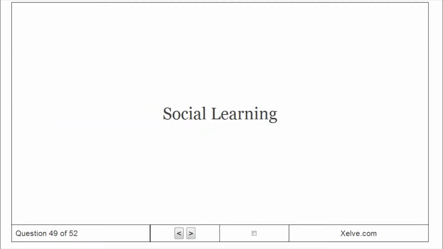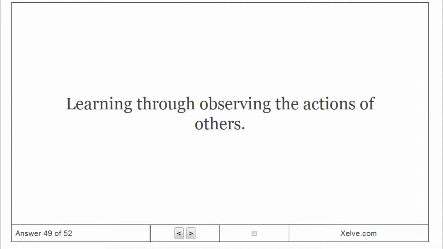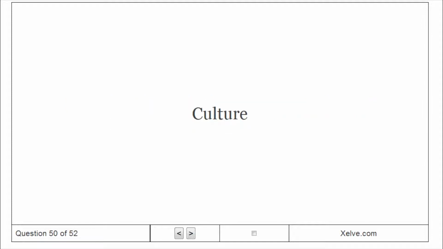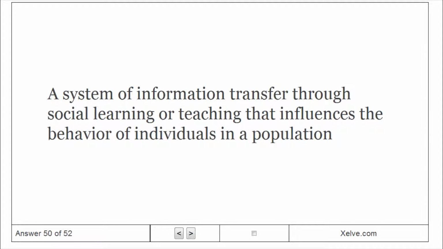Social learning: learning through observing the actions of others. Culture: a system of information transfer through social learning or teaching that influences the behavior of individuals in a population.